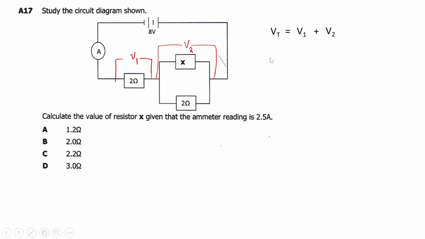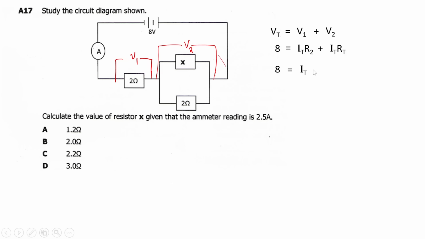Now voltage total is 8 equals, now this voltage here can be found using this formula: total current passing times the resistor. So total current passing here times resistor 2 here. We can call this one resistor 2 because it has a 2 there. Then plus the voltage across here, which can be found by the total current flowing here and the total resistance here. Once we do that, we'll say 8 is equal to, here we have total current, here total current.